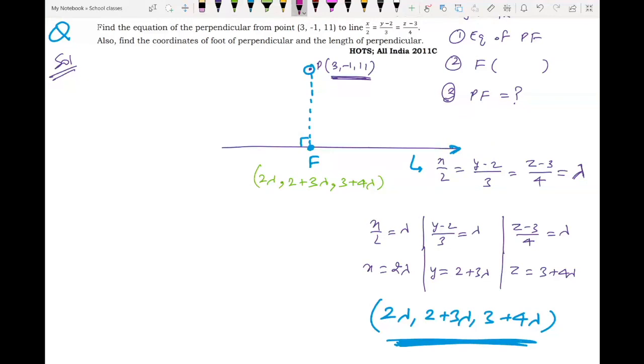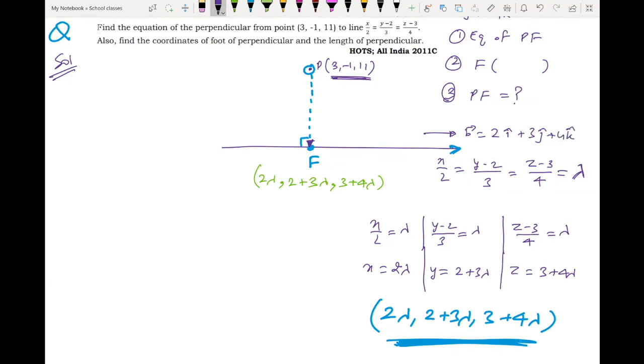Now what to do? We can find the PF vector. I'm making an arrow here. We are going to find the PF vector. And beta, what was the B vector of this line? The B vector of this line was nothing but 2i plus 3j plus 4k.